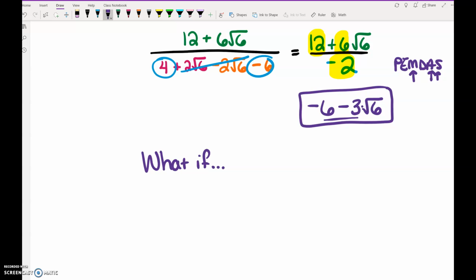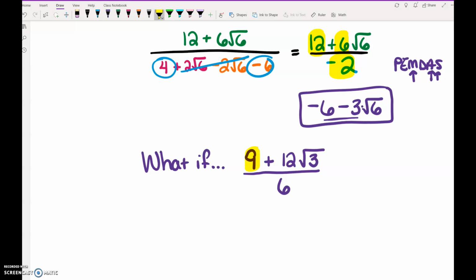What if we ended up with something that looked like this? 9 plus 12 times the square root of 3 over 6. I just totally made up an answer. But what if this is what your answer looked like?